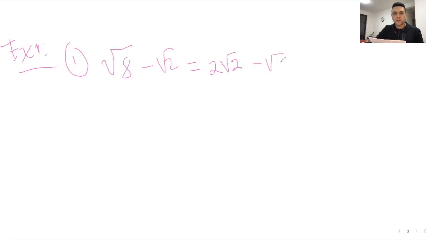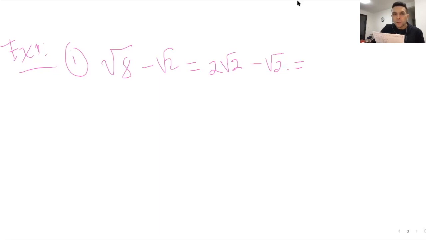Example 1. If I have the square root of 8 minus the square root of 2, how do I simplify this? This is not a surd. Remember, I can simplify it as 4 times 2, so 2 times the square root of 2, and then this minus the square root of 2.